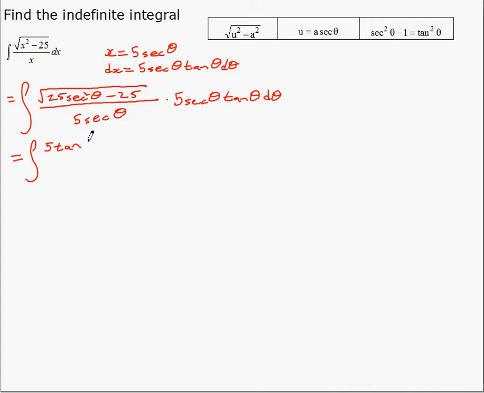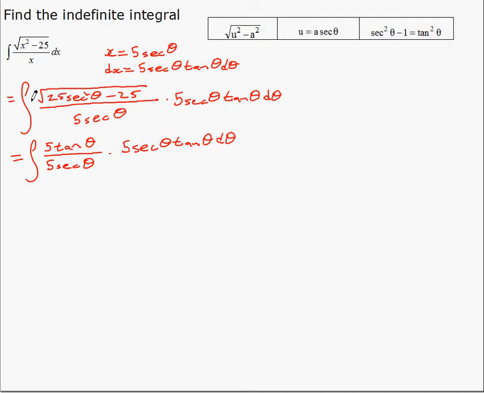That's tan theta over 5 secant theta times 5 secant theta tan theta d theta.